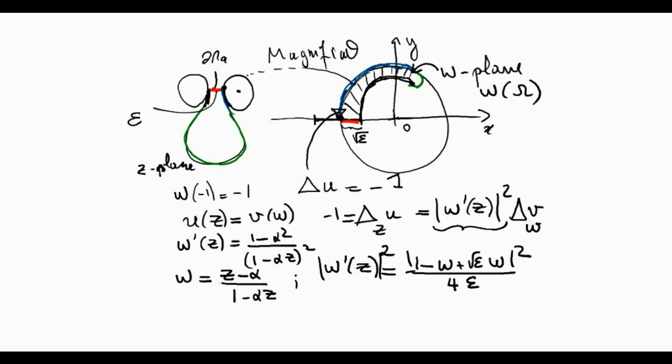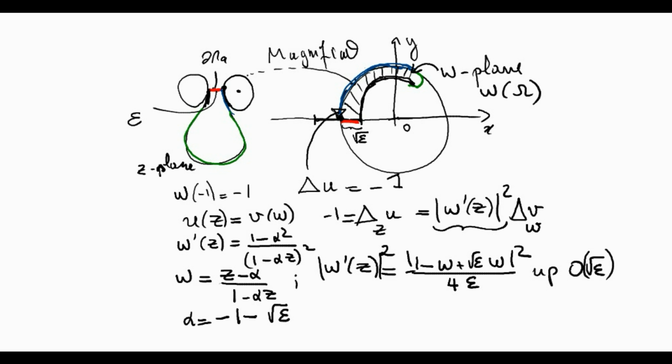So here I have used that alpha equals minus 1 minus square root of epsilon. And I have neglected in this formula all terms that are up to terms in O of square root of epsilon.